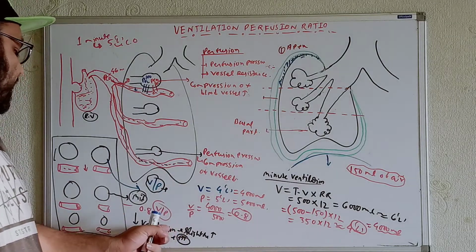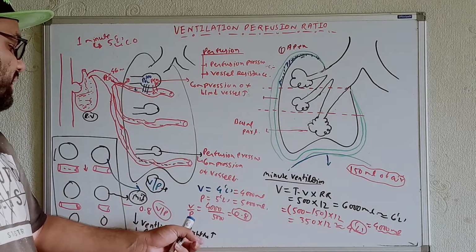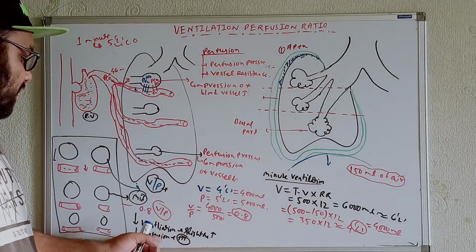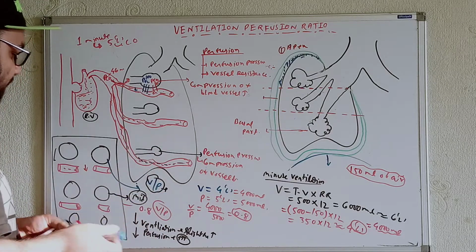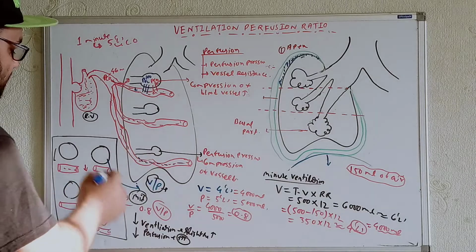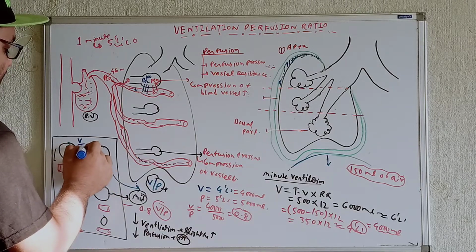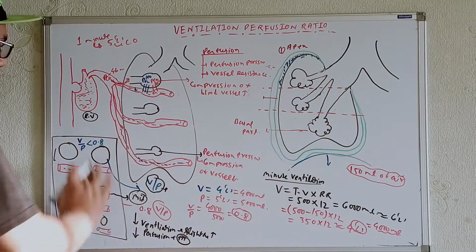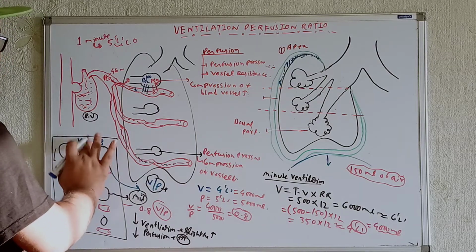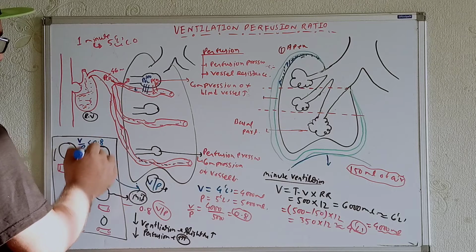If we compare ventilation and perfusion, the ventilation will slightly increase, but the perfusion will increase by a much greater amount. So in this case, if we compare the ventilation perfusion ratio, it will be less than 0.8.